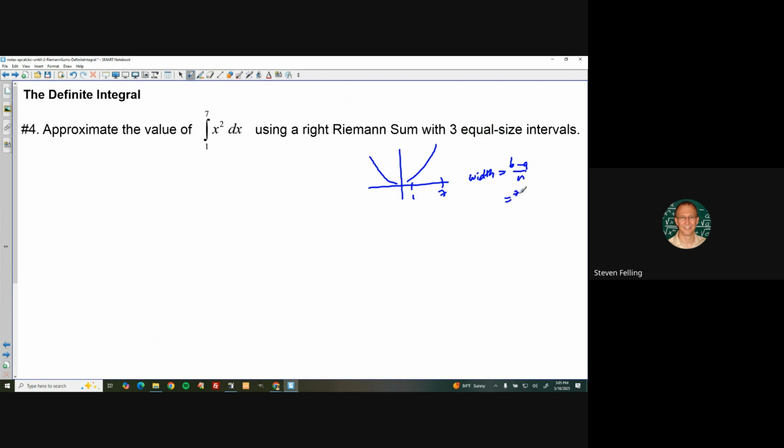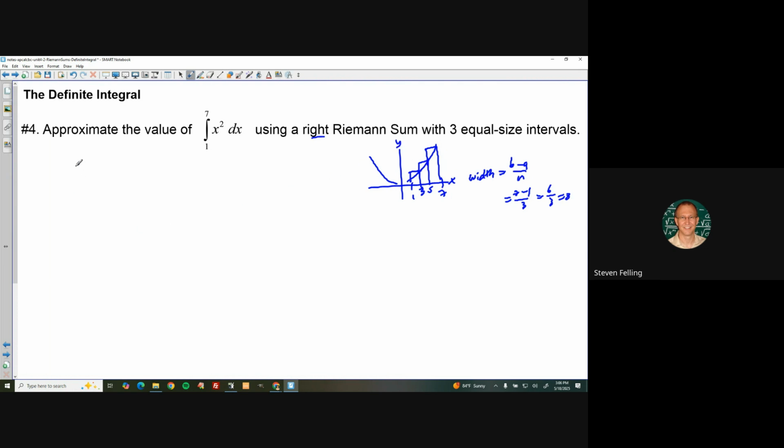So that would be 7 minus 1 over 3 rectangles, which is 6 over 3, which means we're going to divide this into widths that are 2 each. This is going to go from 1 to 3, from 3 to 5, and from 5 to 7. If we're using a right Riemann sum, we're using the right side of each of those to set the height. This is going to result in an overestimation of this curve.